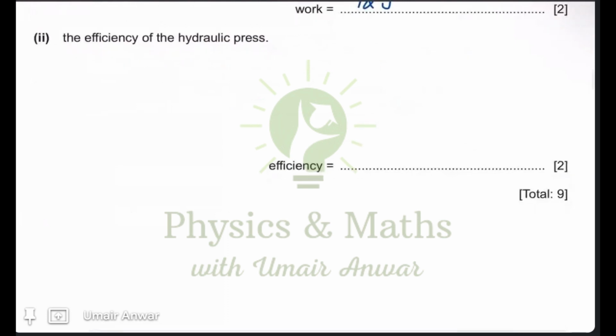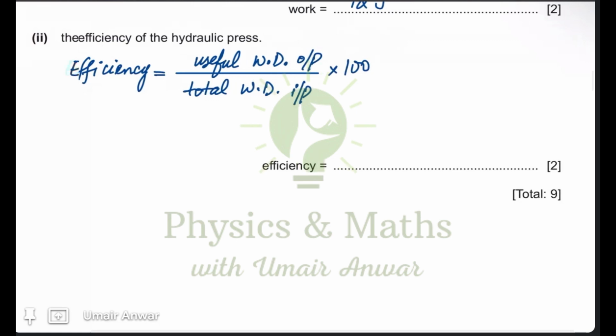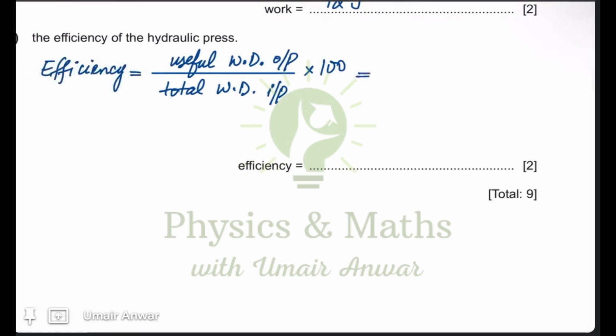Second part, the efficiency of the hydraulic press. Efficiency is calculated using the formula useful work done or energy output divided by total work done input, multiplied by 100 so that we can give the answer in percentage.